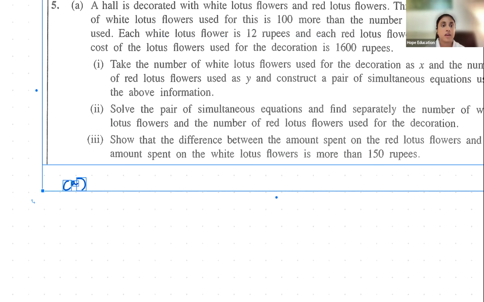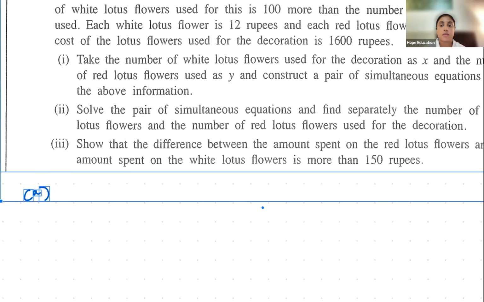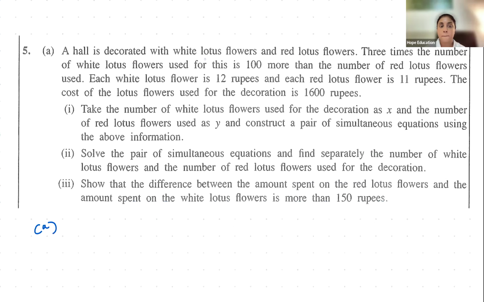A hall is decorated with, and so on. 3 times the number of white lotus flowers. White lotus flowers are X, so 3x, is 100 more than the number of red lotus flowers. Red lotus flowers are y, so 100 more than y is y plus 100.